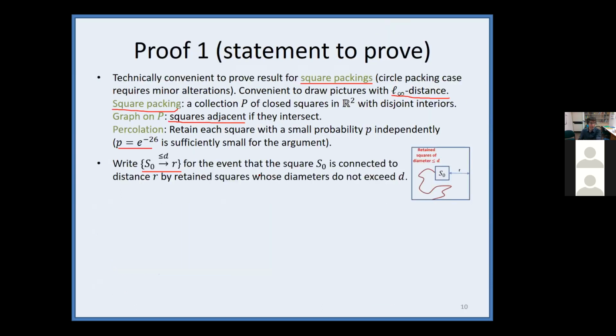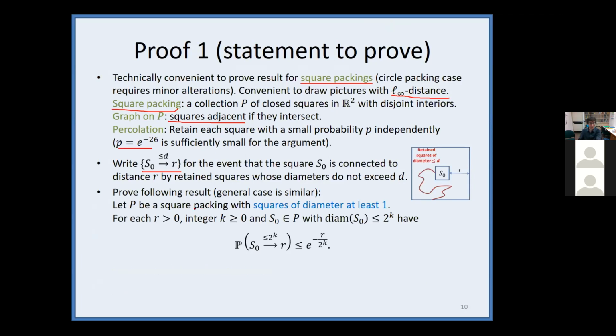So what I will actually prove to you is the following result. Suppose you have a square packing. I will assume that all the squares have diameter at least 1. This assumption is easy to get rid of, but let me not get into the details. Then the chance that a square connects to distance r using only squares of diameter at most 2 to the k is at most e to the minus r over 2 to the k.